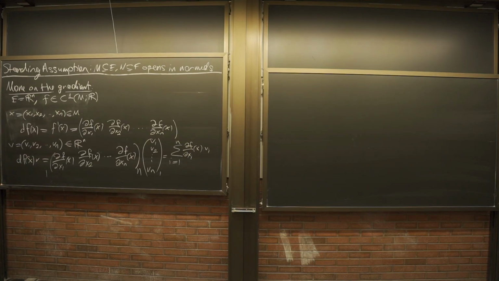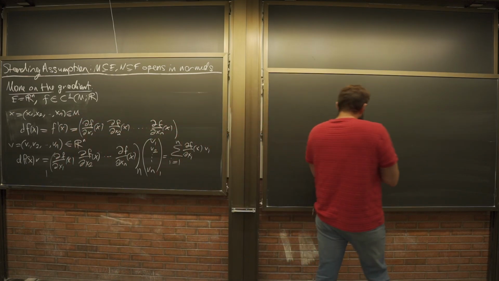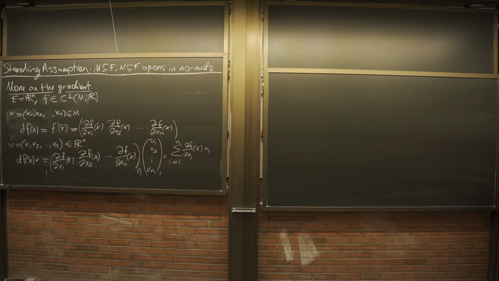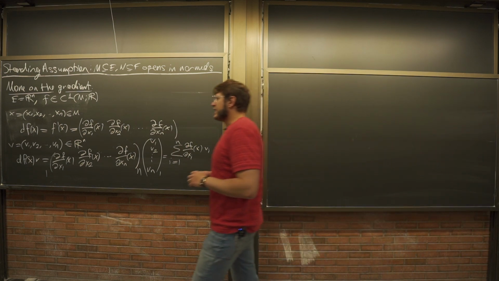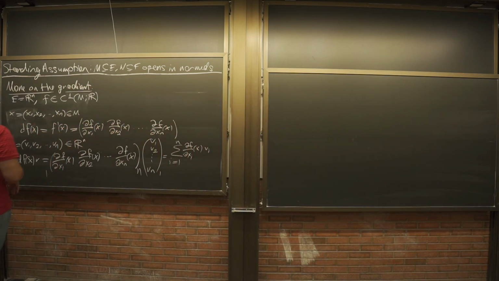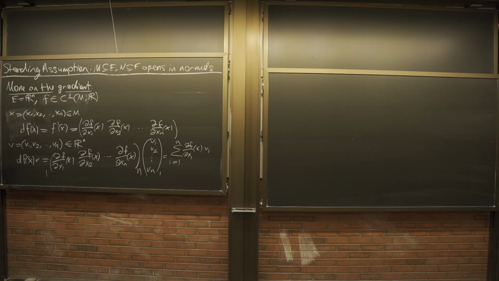Okay. So I want to relate this to the gradient. There was this important property that this inner product is supposed to satisfy. But let me just say for now that in finite dimensions, for any finite dimensional normed vector space, or for any finite dimensional inner product space, that star property that is required to define the gradient is satisfied.